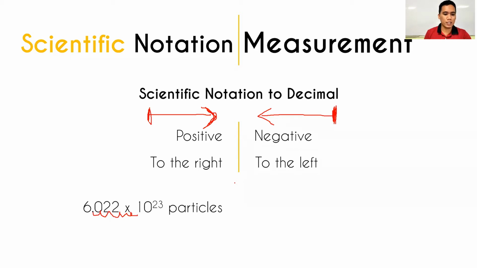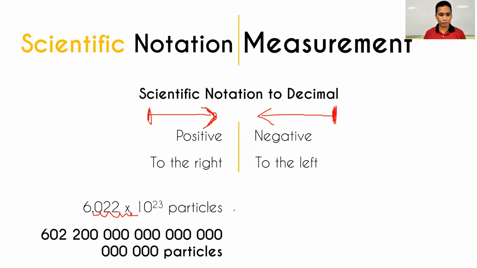So in this case, 6.022 times 10 to the power of 23. So move 23 places to the right. So we move from here, which is 6 point. So we move 23.